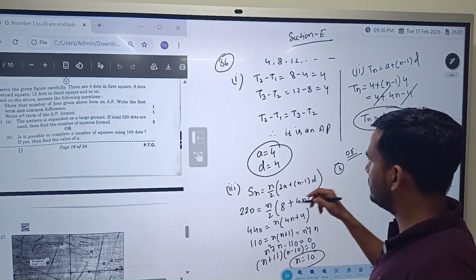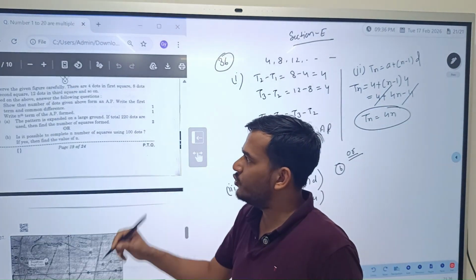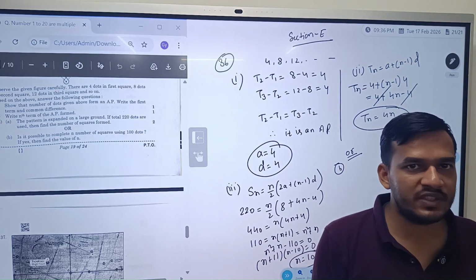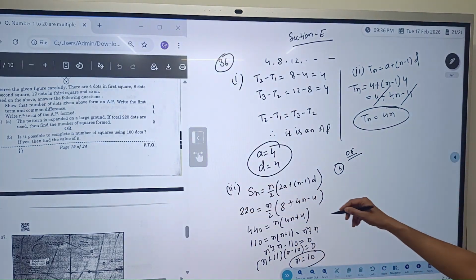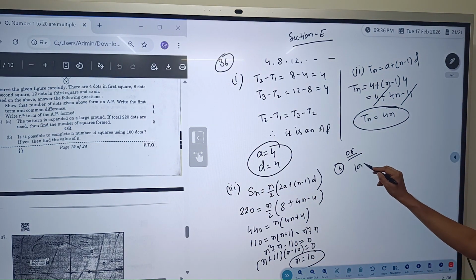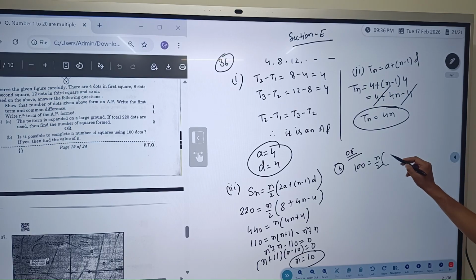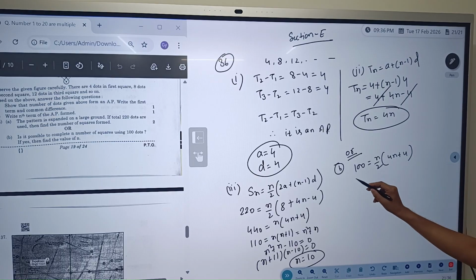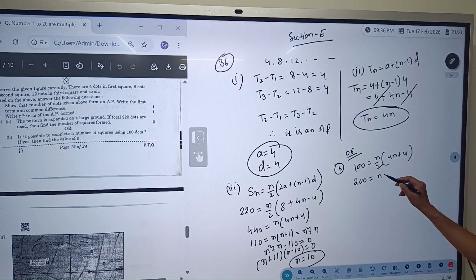B part of this third. Is it possible to complete n number of squares using 100 dots? So same method we'll use. 100 is equal to n by 2 into 4n plus 4. So 200 is equal to n into 4n plus 4. Divide by 4 again.